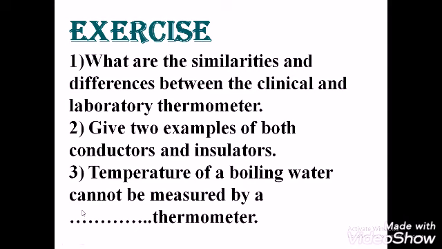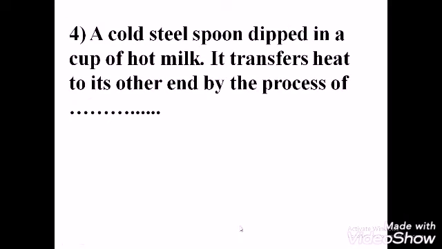The temperature of boiling water cannot be measured by which thermometer? Fourth one, a cold steel spoon dipped in a cup of hot milk transfers heat to its other end by the process of dash. Name the process. Okay, this is all about this video.